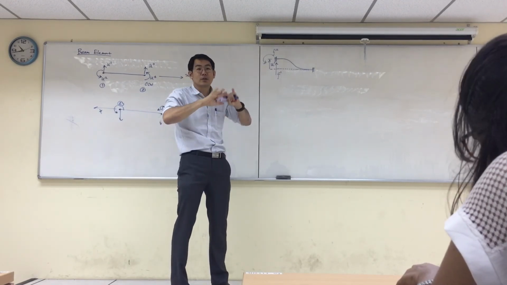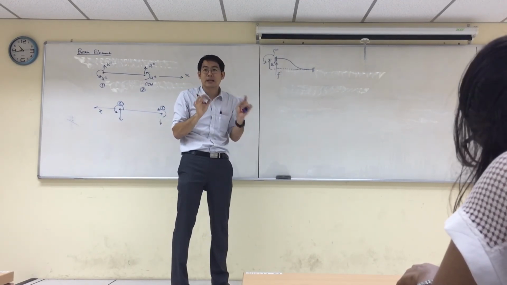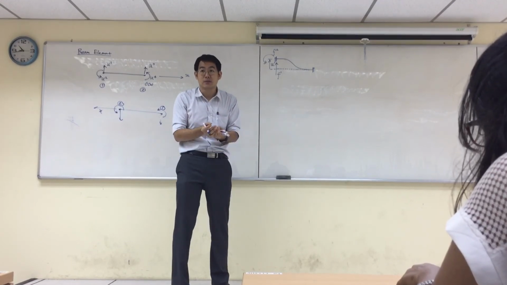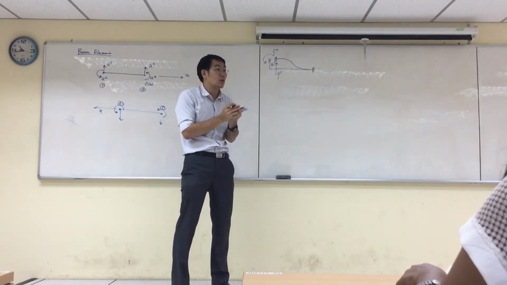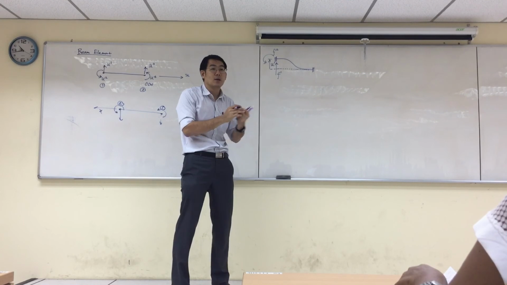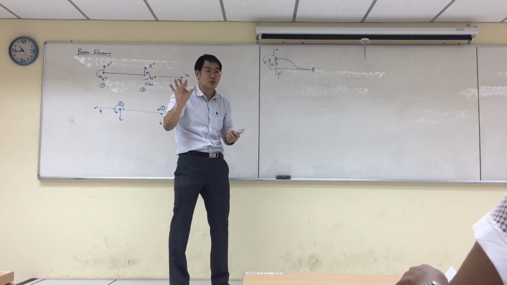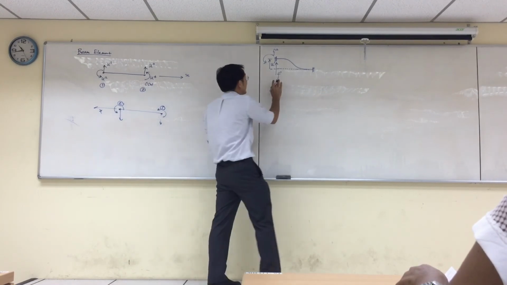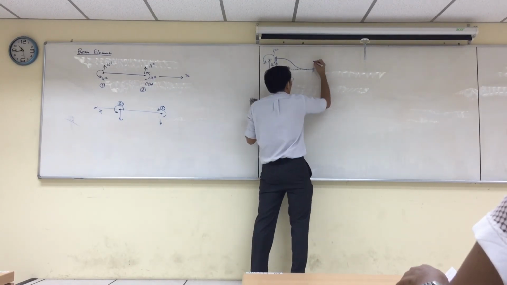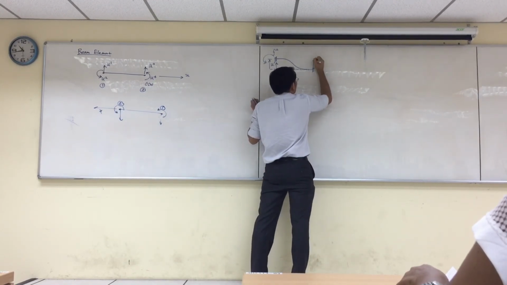Whatever is in the local coordinates, I will use the lowercase letter, and once we get out to the global coordinates, then I use the uppercase. So right now you have the small f: f1, f2, f3 downward, and f4.